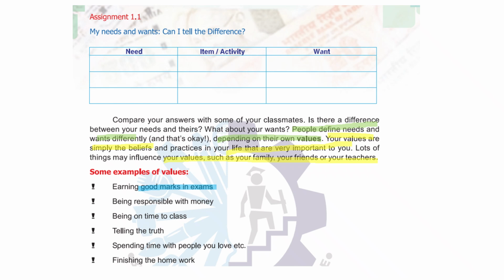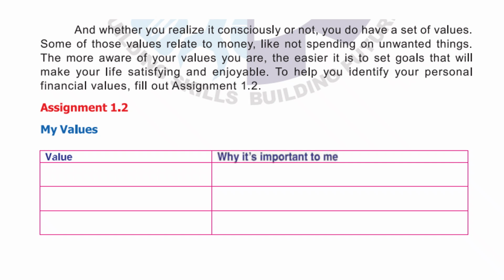Being responsible with money, being on time to the class, telling the truth, spending time with people you love, finishing the homework, these are all your values. And whether you realize it consciously or not, you do have a set of values. Everybody has a set of values. Either they are good or they're bad.